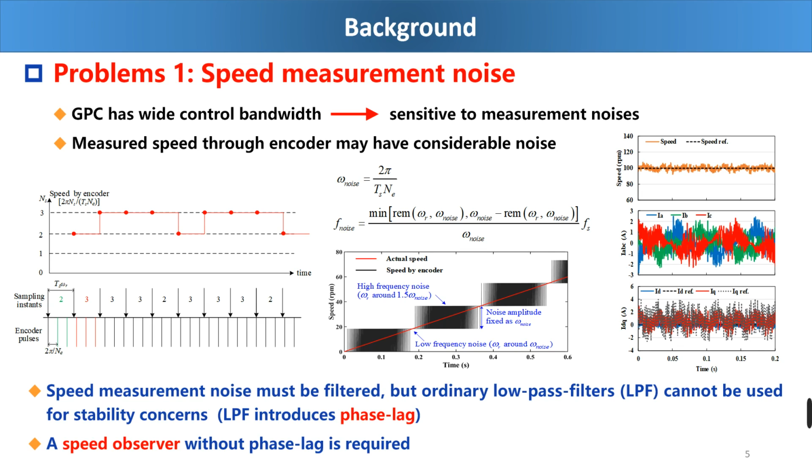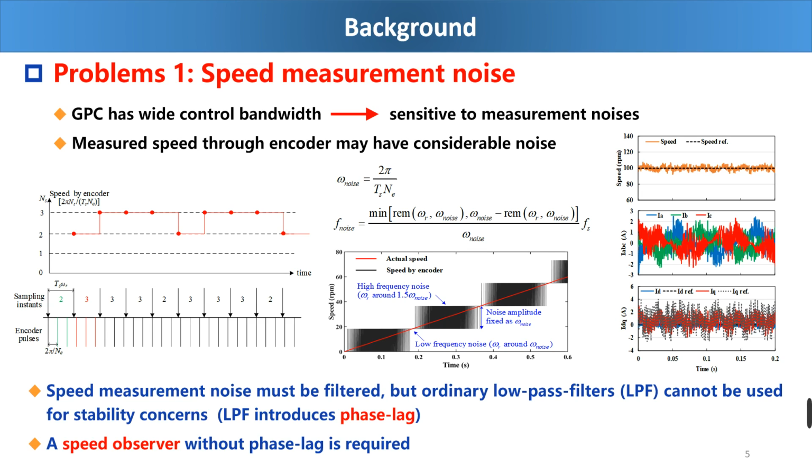So we must take some measures to filter out these noises, but the ordinary low-pass filter, LPF, cannot be used for stability concerns, because the LPF will cause some phase lag to the feedback loop. And our GPC has a wide control bandwidth, so this phase lag will cause more stability issues than an LPF applied to a PI controlled system.